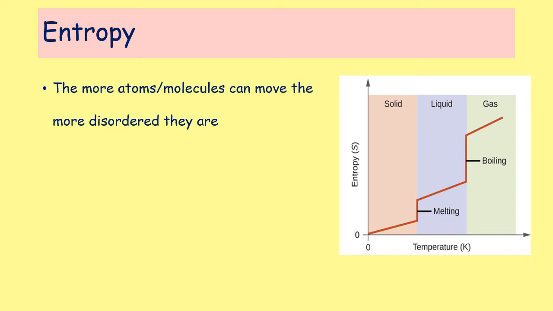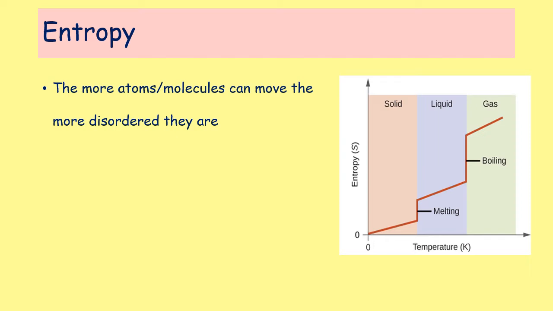And so they have the most freedom to move about, they have the most disorder. And again, as you continue heating a gas, that level of freedom increases and increases. So the general trend that we see is a constant increase in entropy as you heat up a material, and you see big jumps at the melting and boiling points.